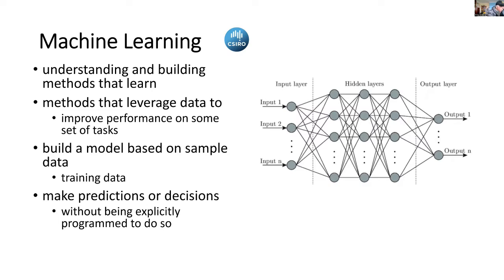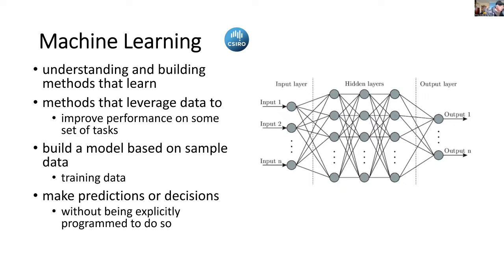We then use another set of data called the test data. And when we're happy with that, we've got a machine learning model which is ready to run. We would use that to make predictions or decisions without explicitly programming to achieve that goal.